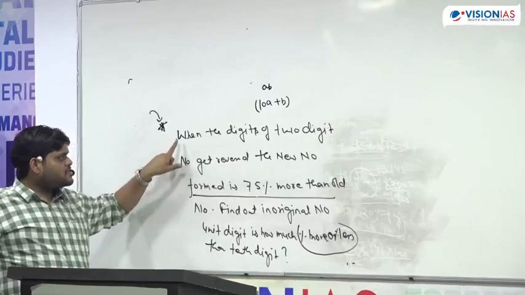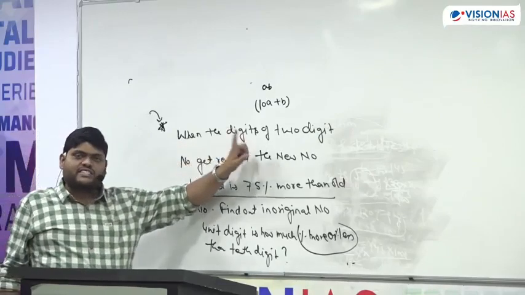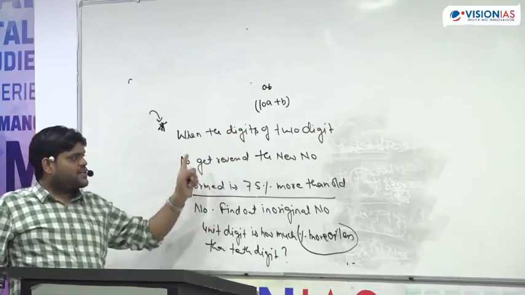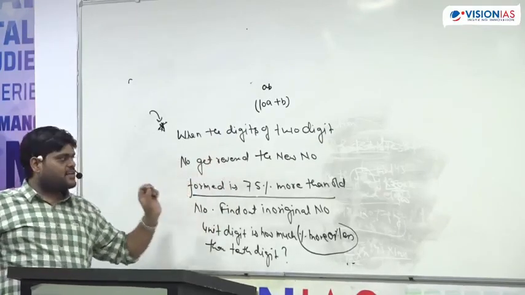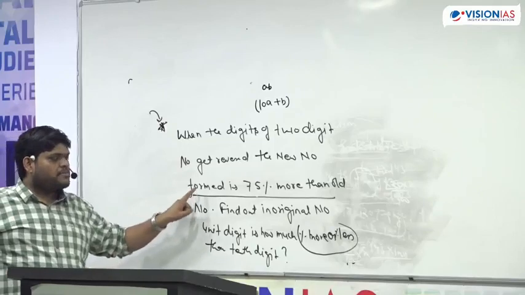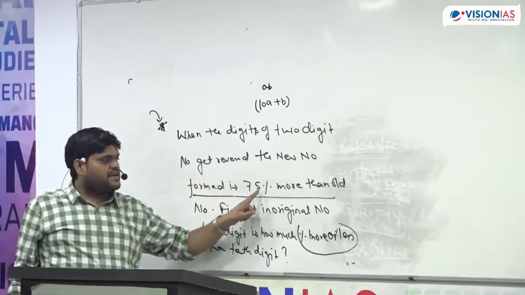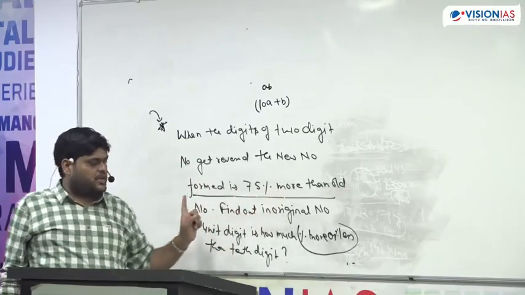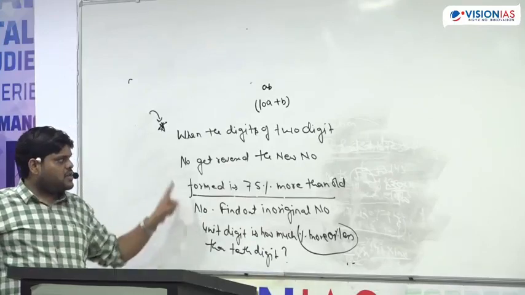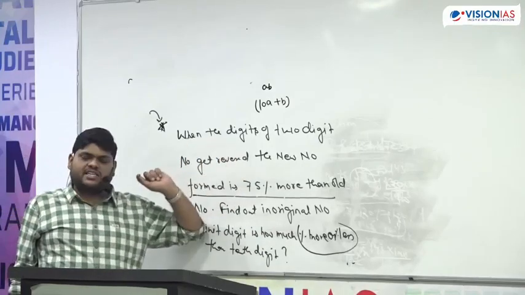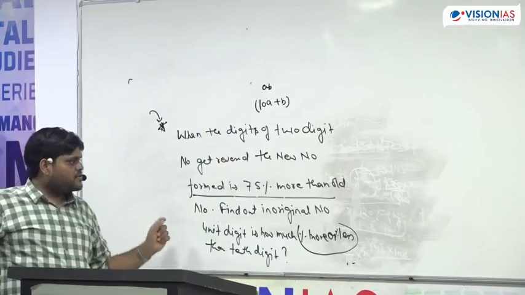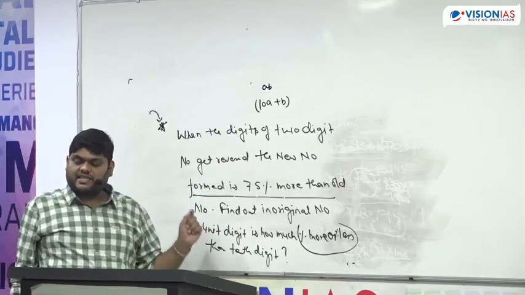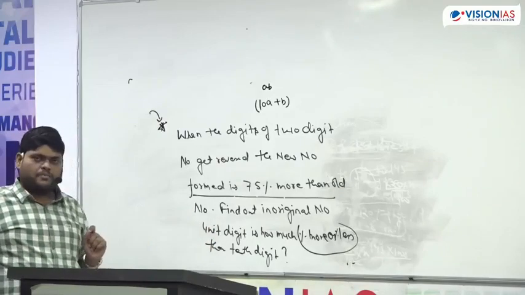The question is, when the digits of a two-digit number get reversed, the new number formed is 75% more than the old number.